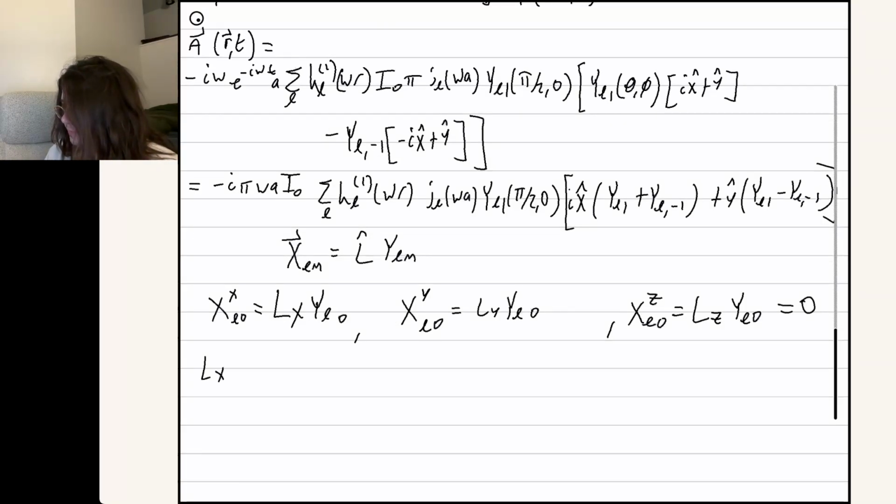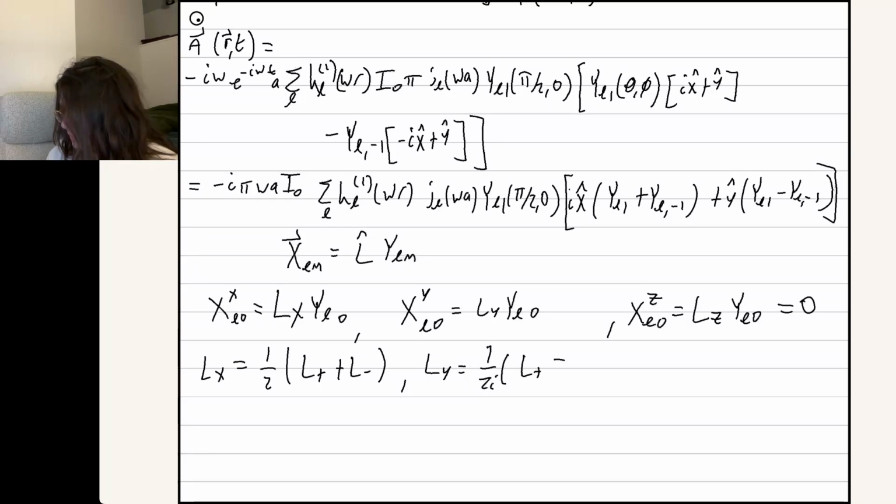This is looking a little bit more like a quantum mechanics problem now, actually. We can split up the angular momentum operators like this into raising and lowering operators. These are just going to change the values of m.